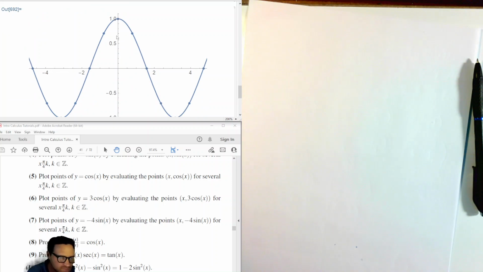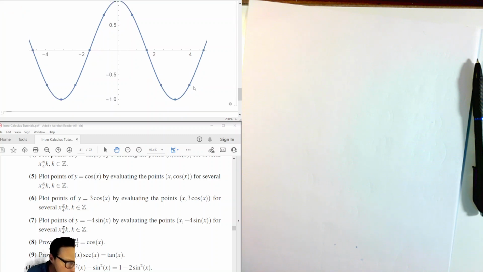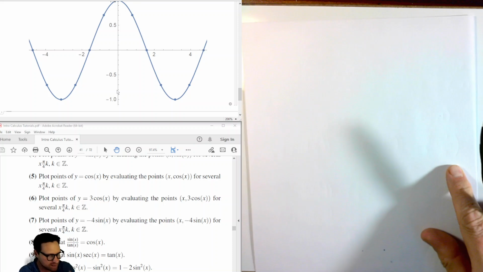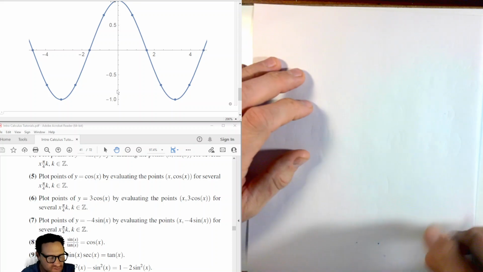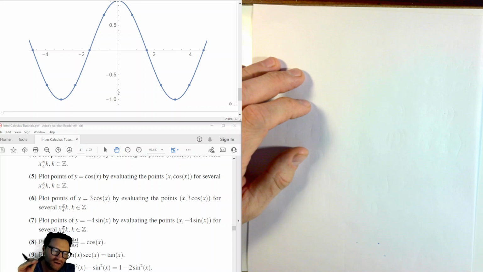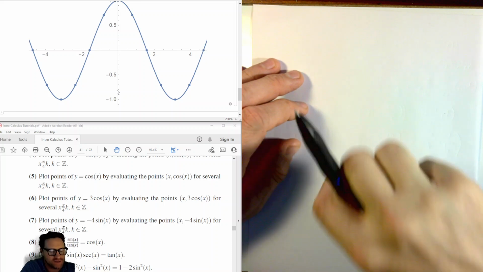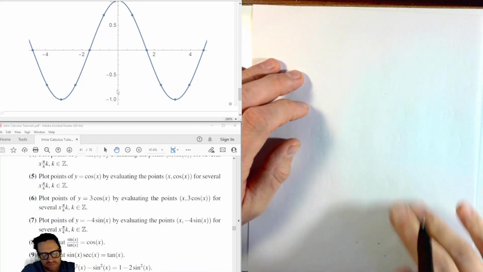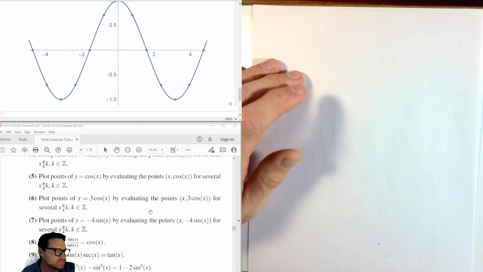So we've got a plot of cos. We've got all the points we were asked to compute. And so in this hand calculated exercise, what you're meant to do is find the points using your calculator, fill them in on the graph, and then connect the dots, filling in a cosine wave.